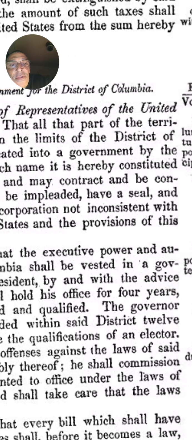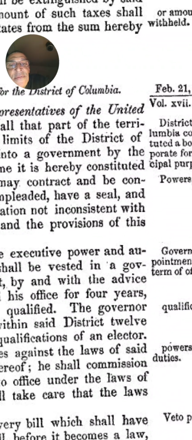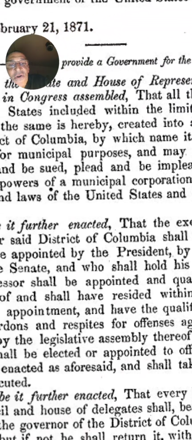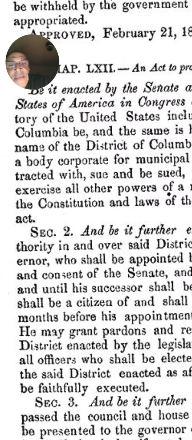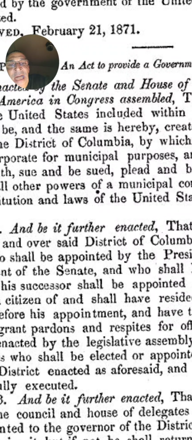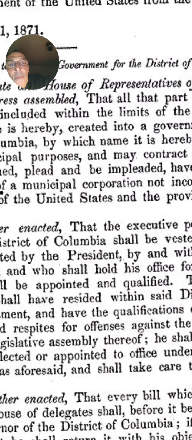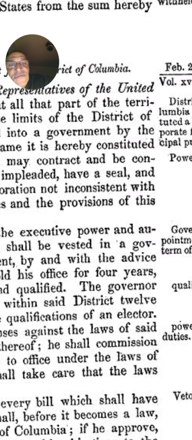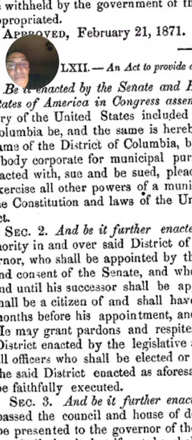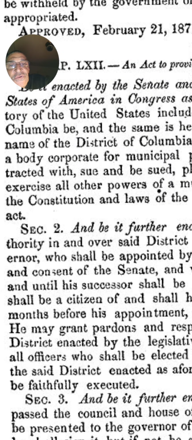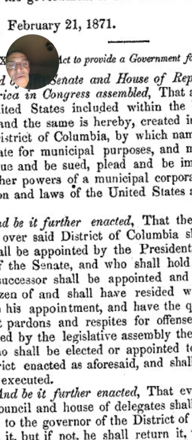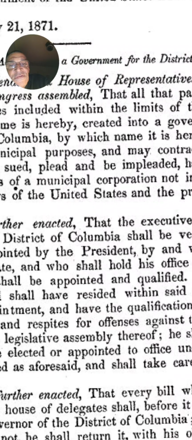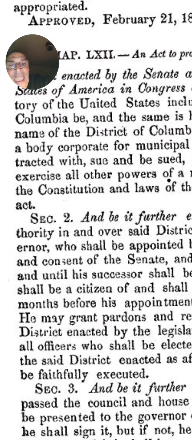I'm going to read it one more time. Okay? Pleaded and impleaded, have a seal and exercise all other powers of a municipal corporation not inconsistent with the Constitution and laws of the United States and the provisions of this act.